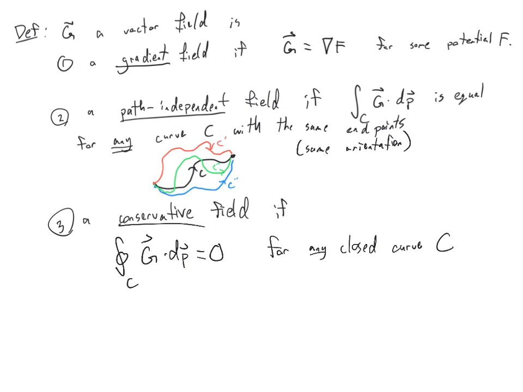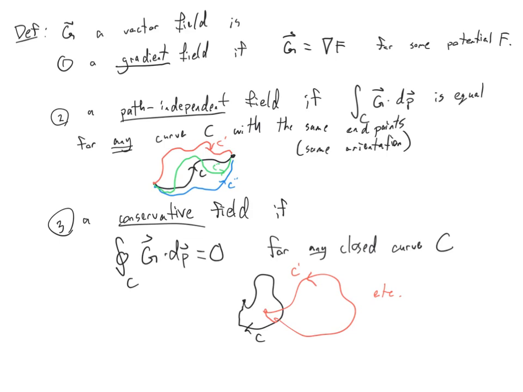And so now C could look like this with those points, but C could also be a totally unrelated curve over here. And maybe it goes counterclockwise rather than clockwise, so C prime, etc. So any closed curve you draw in the plane. And the corollary of the fundamental theorem of calculus is that all these three definitions are the same.